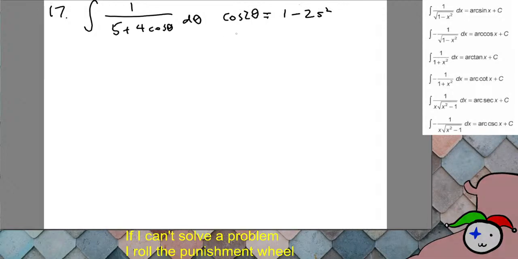So cos. So let's say this is 1 over 5 plus 4 times 1 minus 2 sine theta over 2 squared.